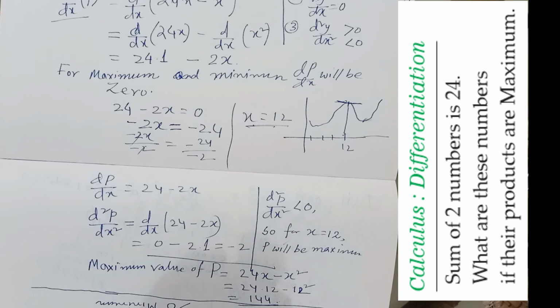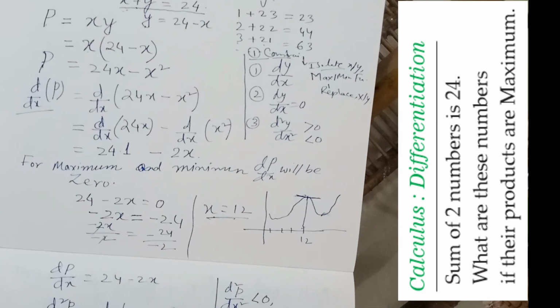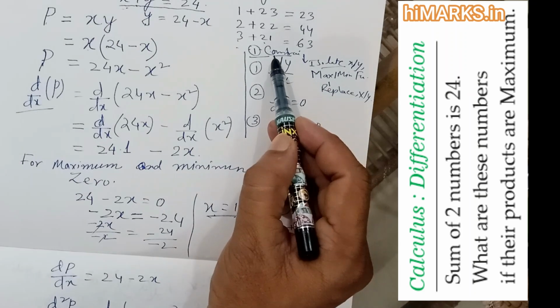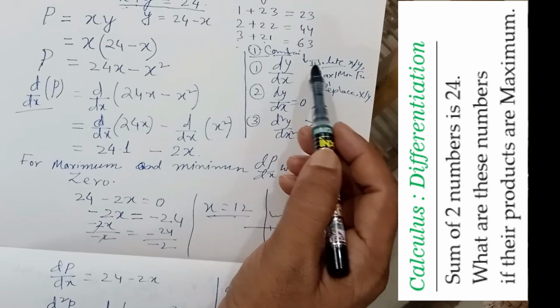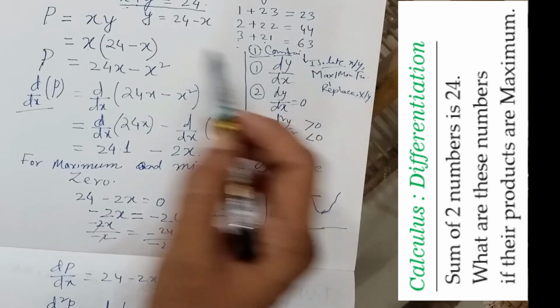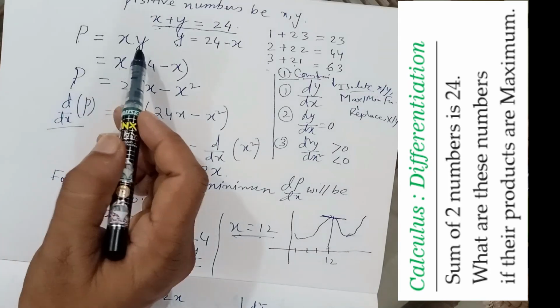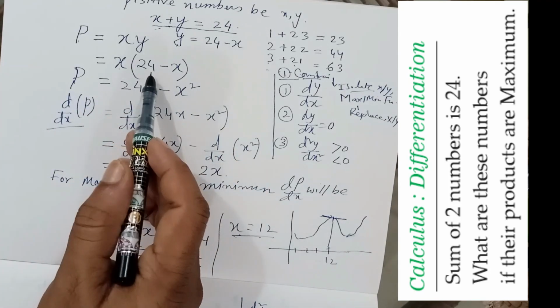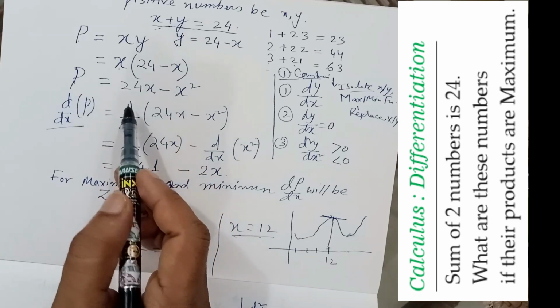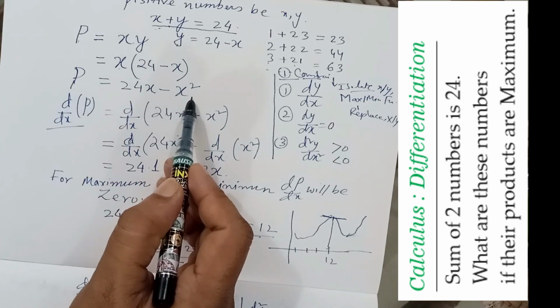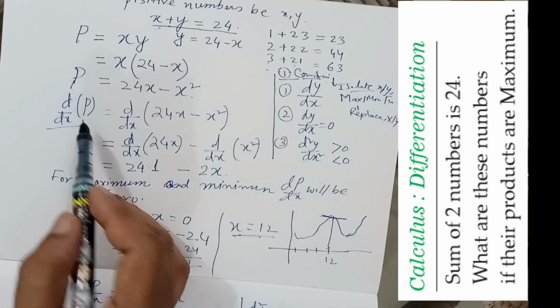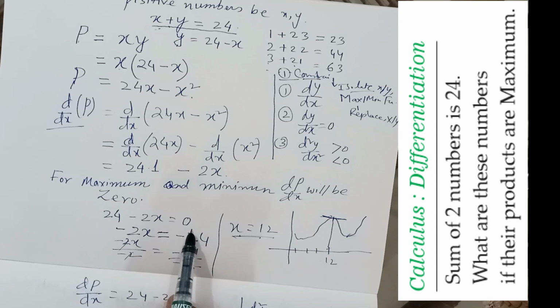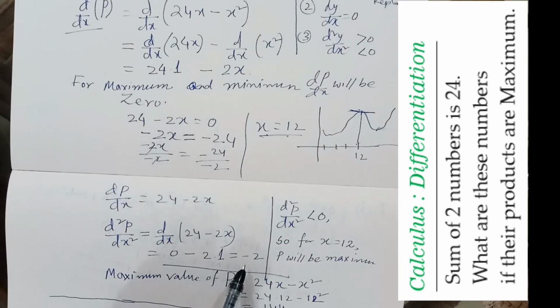Again I'll repeat what we are doing from the beginning. We write the constraint equation, isolate y from there, then write the function which we are trying to maximize, and replace it. Then you get the equation, you simplify it, then you do the first derivative and make it 0, and from there you find x values. Then you do the second derivative and take the decision.